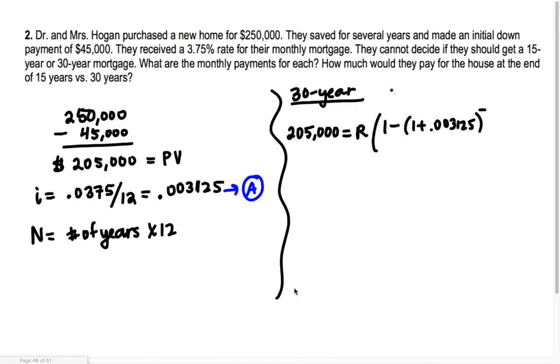So n in this case is going to be 30 times 12, which is 360. So we're raising it to the negative 360, divided by i, so that 0.003125.